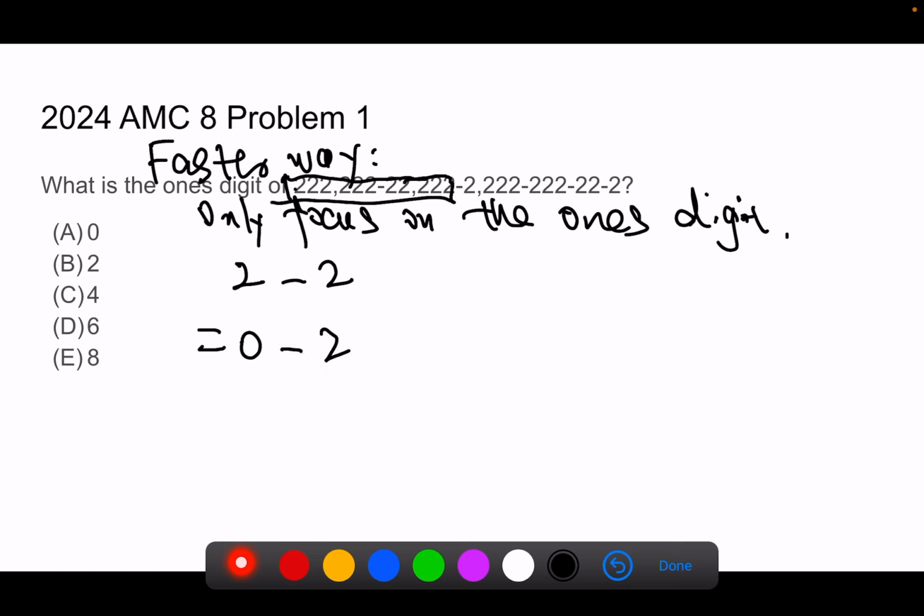0 minus 2 is negative, but to figure out the ones digit, you just need to figure out what is 10 minus 2. What you can think about is, hey, what is some number ending with 0 minus some number ending with 2? For example, what's 20 minus 12? You will find the ones digit is 8.